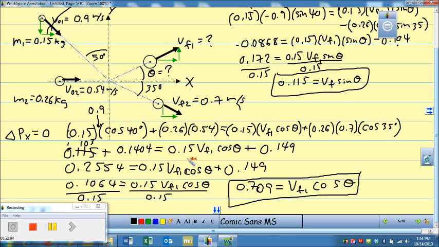All right. So then when they subtracted the 0.149, 0.103 minus 0.149, that gives us, oh wait, we have to add it to that first. 0.103 plus 0.1404, okay, that becomes, instead of 225, it's 2434.